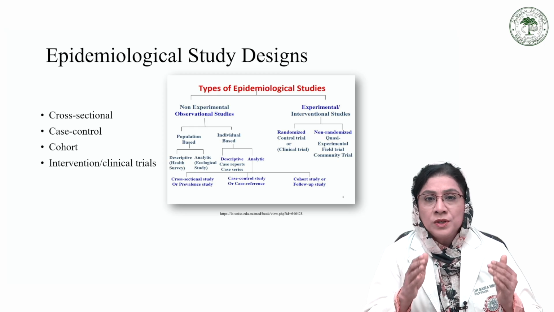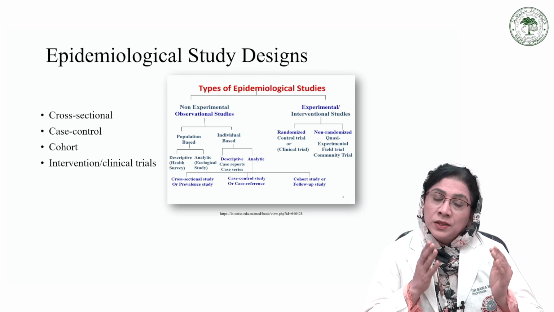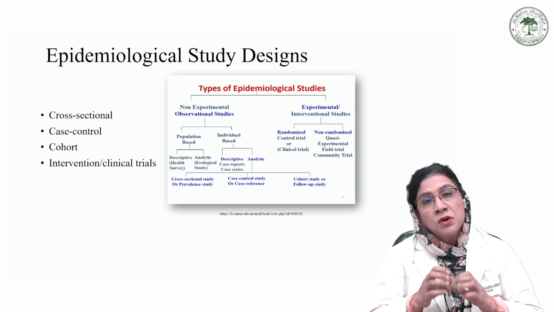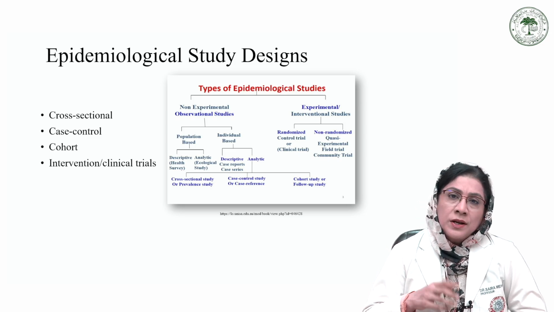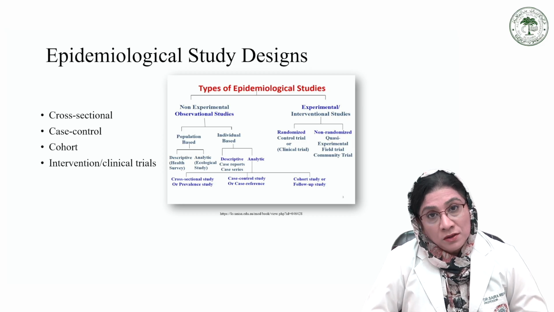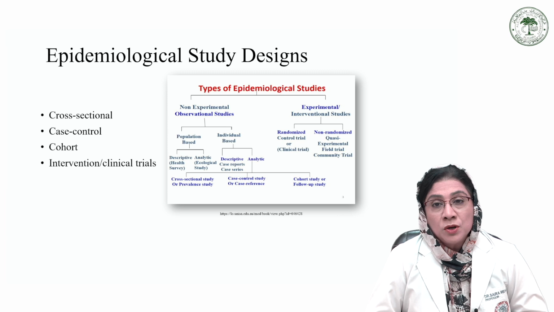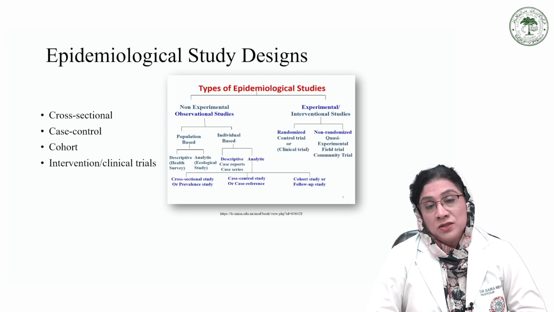Cohort studies show the time order clearly and help estimate risk, yet they need more time, money, and strong follow-up systems. Randomized control trials give the strongest evidence of cause and effect, but they must follow strict ethics and may not reflect real-world conditions.